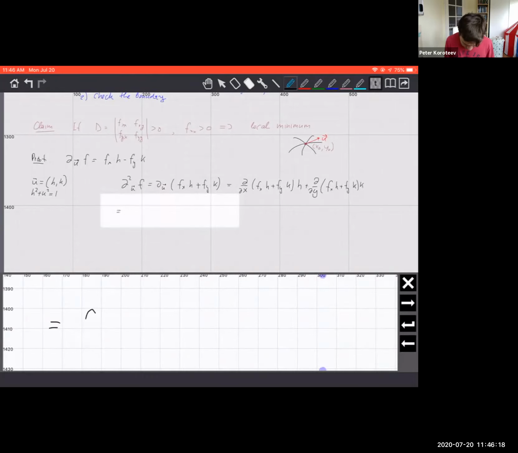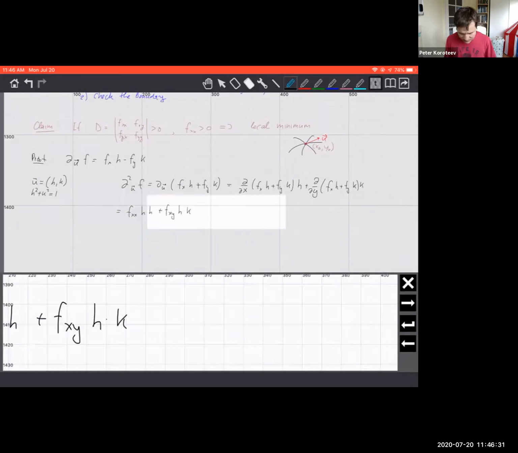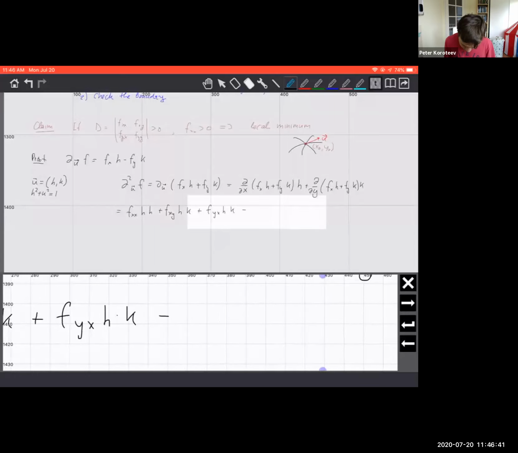Right, so that gives us fxx h times h, plus fxy h times k. And then you probably already see how this 2 by 2 matrix is framing itself. And then plus fyx h times k, and then plus fyy k times k.